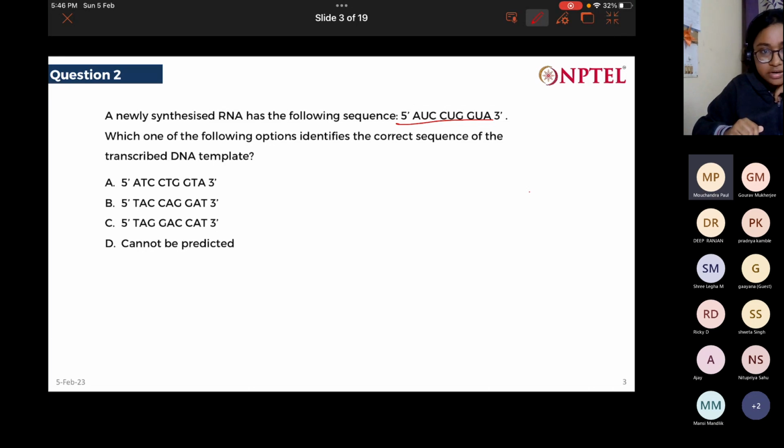You have to determine the correct sequence of the DNA template from which this RNA sequence has been obtained. Those who have just joined and couldn't look at this question, I request you all to have a pen and paper and try to solve it yourself.